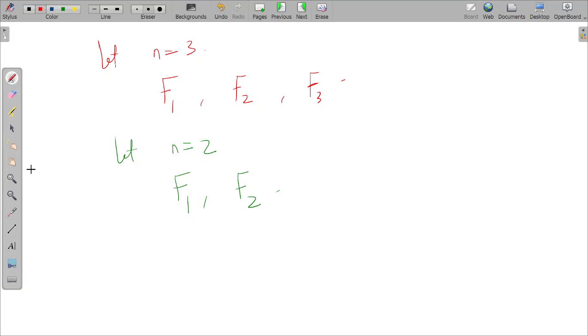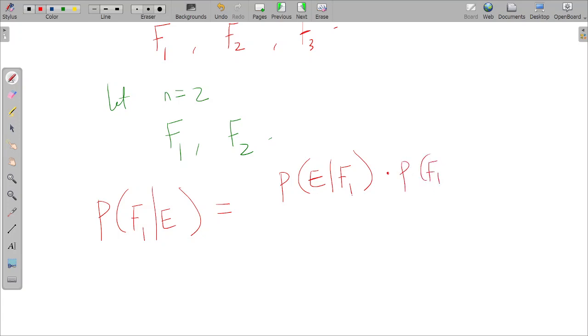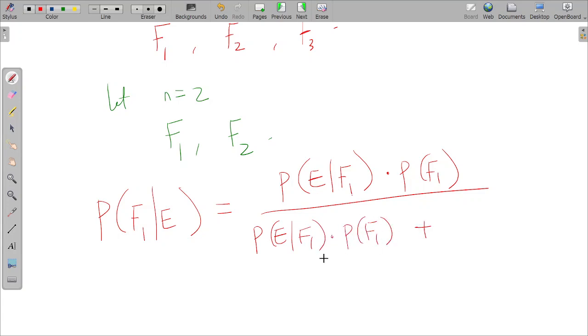The probability of F1 given E equals the probability of E given F1 multiplied by the probability of F1, all over the probability of E given F1 multiplied by the probability of F1, plus the other part, since n equals 2, that means F1 and F2: the probability of E given F2 multiplied by the probability of F2.